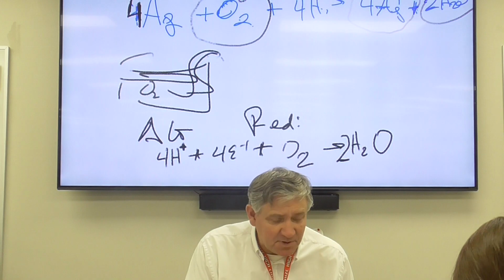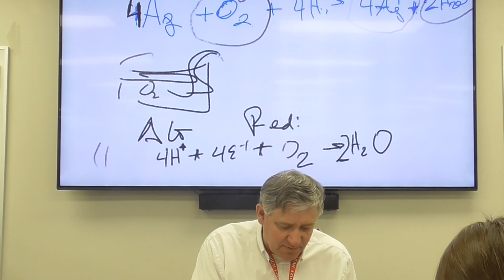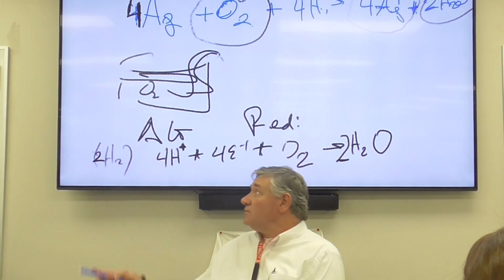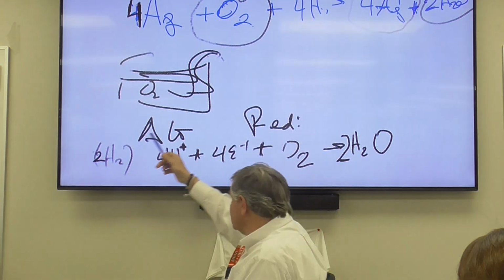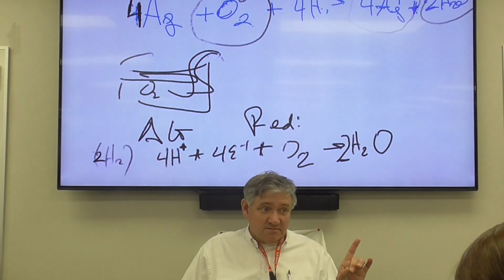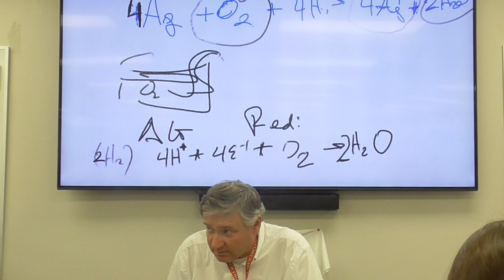Because if I just put hydrogen gas there, let's say you think, oh, I'll just put two hydrogen gas. Would that balance the hydrogens? Yes. But what is it not going to balance? Charge.